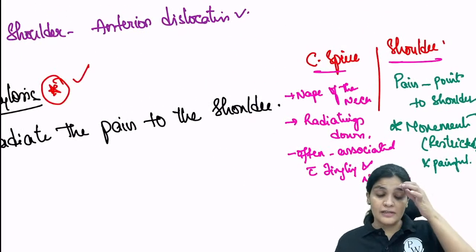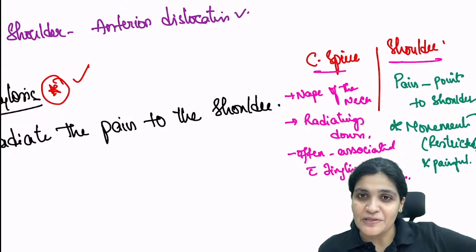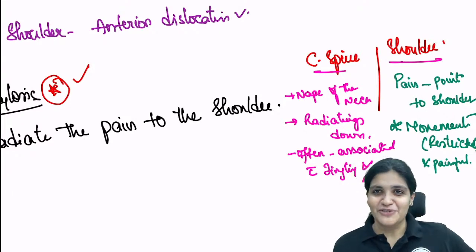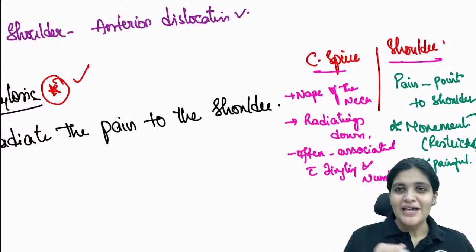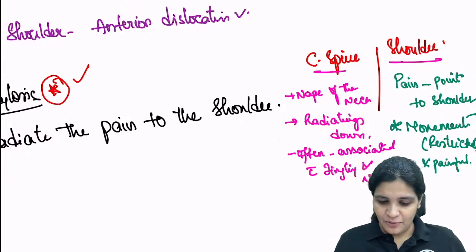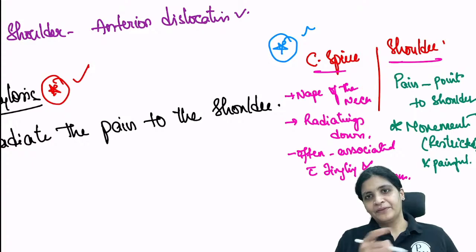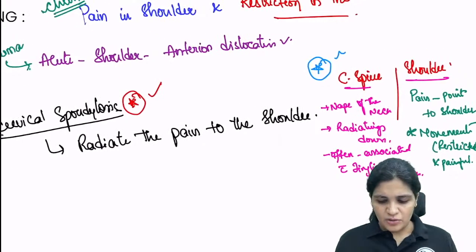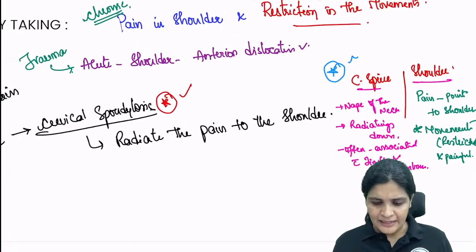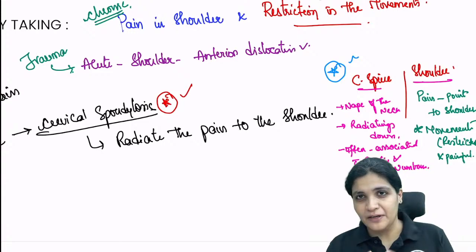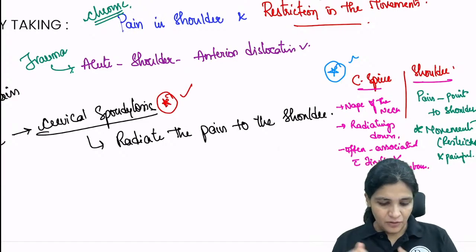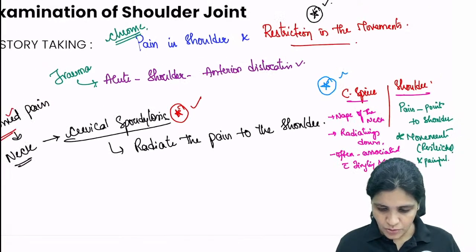This was actually a question which was asked to me in my viva: how do you differentiate a pain from the C-spine and a shoulder pain? This is what I told, and that is how you differentiate between a C-spine and shoulder pain. So that is the first thing I want you all to be clear about.